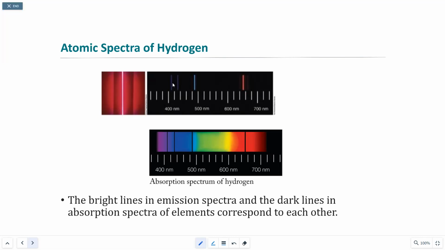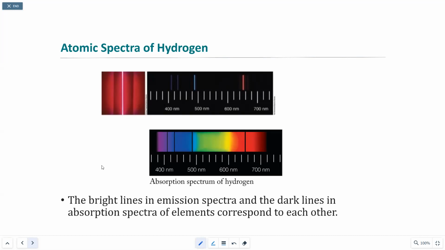It's very discrete. There are 4 lines here that we can see very discretely in that bright line spectrum. And if we take a continuous spectrum of it, where we're looking at the light that is absorbed instead of emitted, we see that there are 4 dark lines that show up in that spectrum as well.